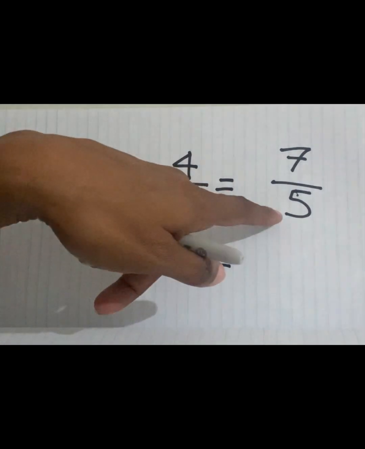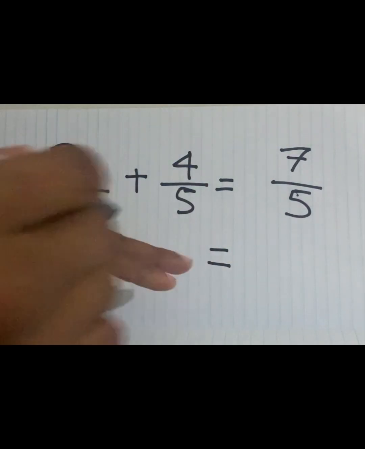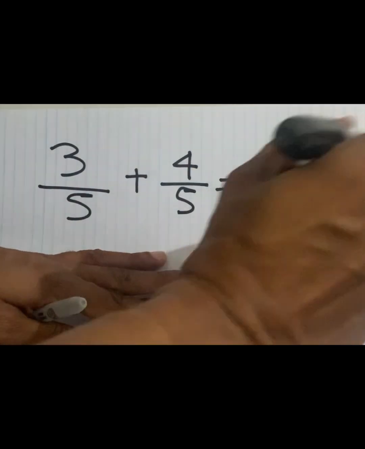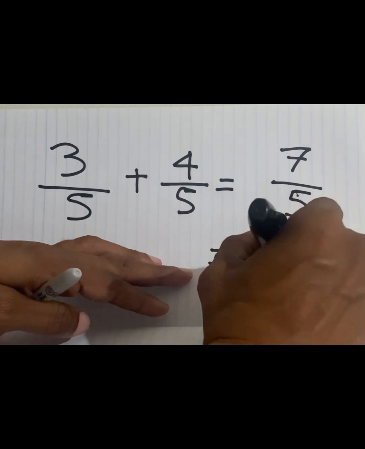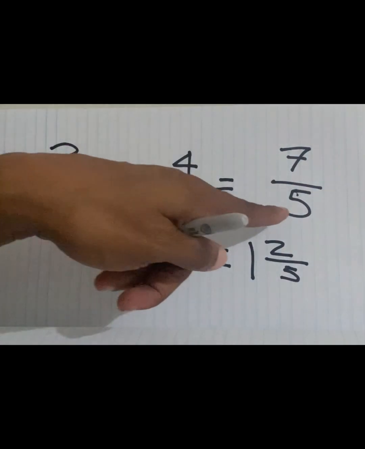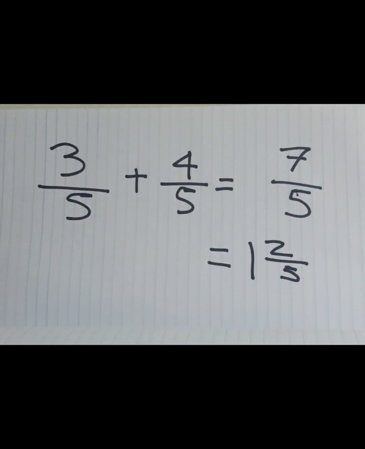We do so by saying 5 into 7 goes 1 time, leaves a remainder of 2. And we put this back over the denominator that we have, which is 5. So 3/5 plus 4/5 is equal to 7/5. And I don't like leaving answers in an improper way, unless the exam asks you to leave it as an improper fraction.